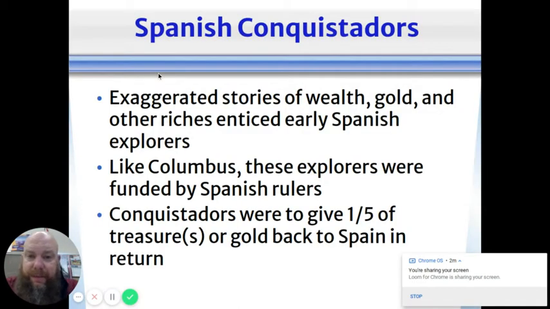So today we're talking about Spain. Conquistadors. Conquistadors is the Spanish word that basically means conqueror, and that basic idea will tell you what you need to know. They don't call these guys discoverers or explorers. They call them conquerors, and the reason they do that is going to become very evident.